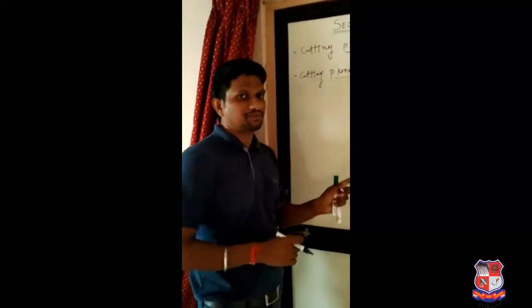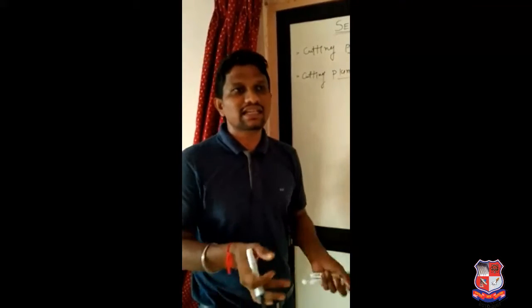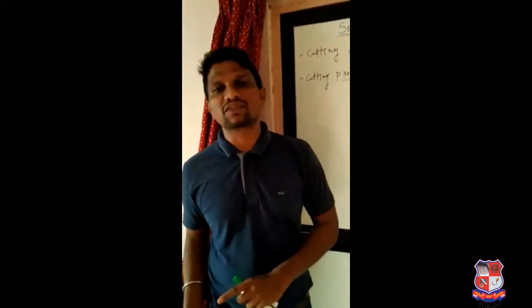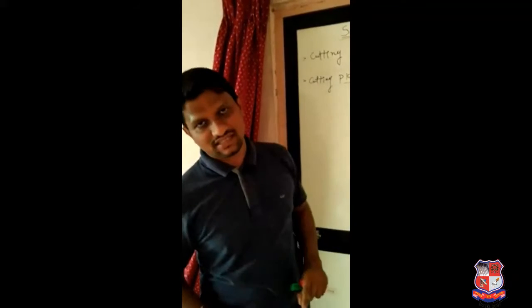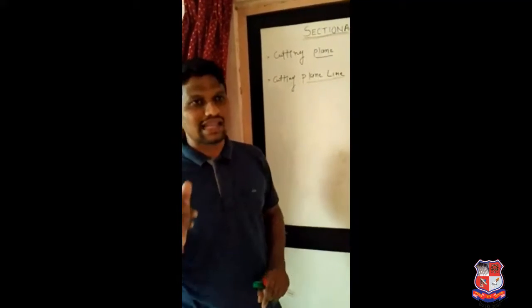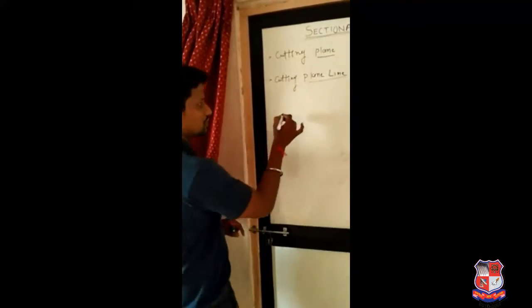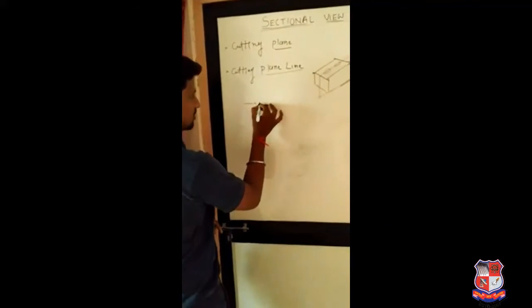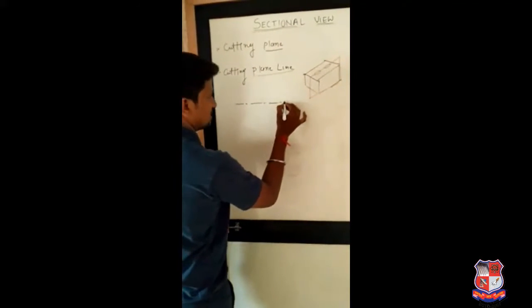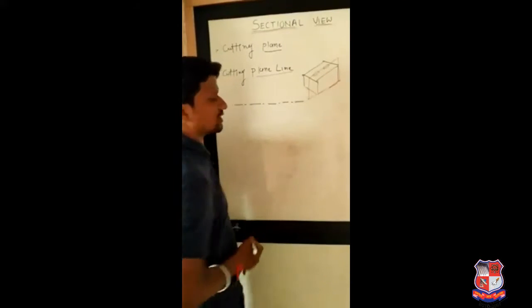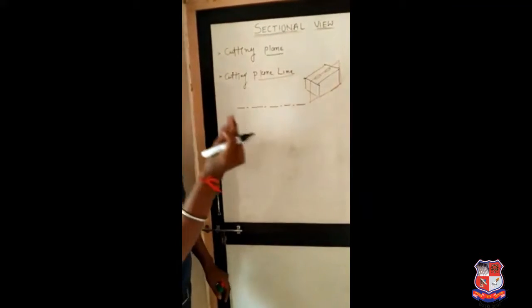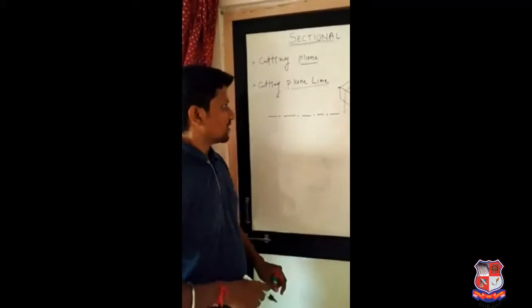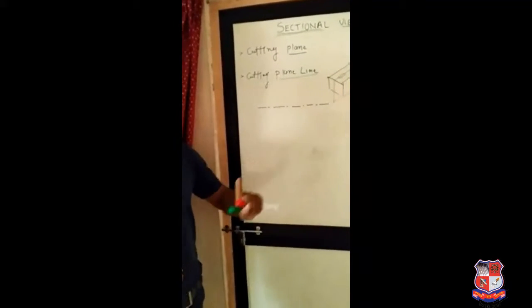The line which indicates the position or location of the cutting plane is known as a cutting plane line. How do we draw it? Just draw the center line, the way we draw it: big dash, small dash, big dash, small dash. In this manner you have to draw it.